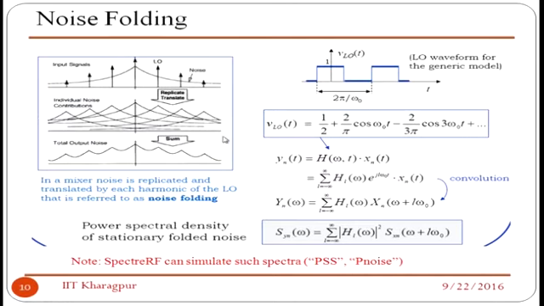If you look at the VLO, if it is a square wave, then all the odd harmonics are present. And if you look at the translation, that is Yn, the output of the mixer, you can write that as h of omega t with x of t in the time domain, and then we shift to the frequency domain, where there is a convolution, and then finally we arrive at the power spectral density.